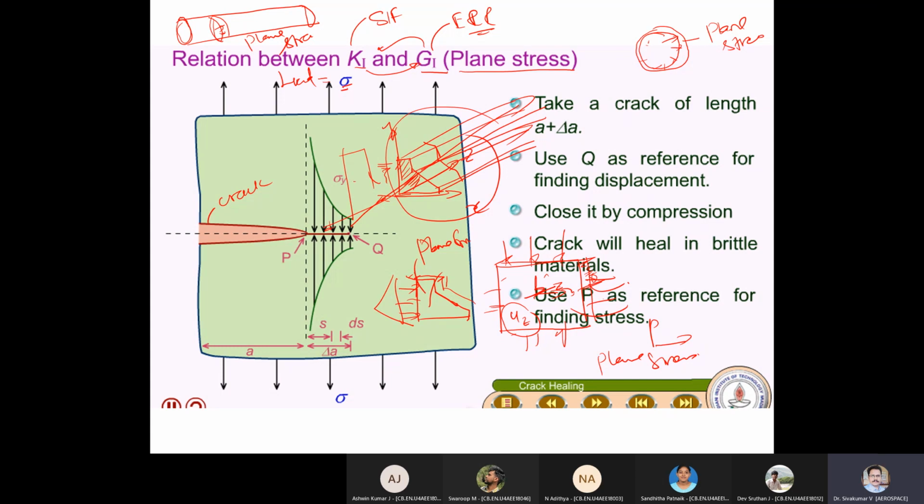Easiness; the solution is very easy. In 3D structures you have to find 6 unknowns: sigma x, sigma y, sigma z, tau xy, tau yz, tau zx. Whereas in 2D, three stress responses are sufficient: sigma x, sigma y, tau xy. In 1D, you are bothered only about sigma x.